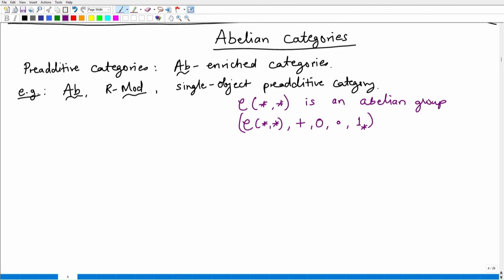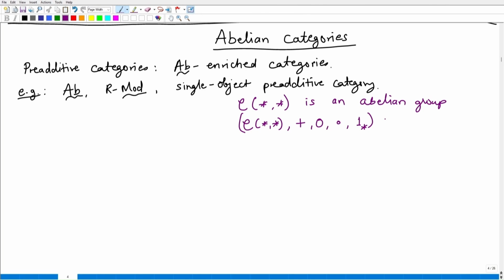Such that composition is bilinear, which means composition distributes over addition on both sides. So what is this a definition of? A ring. It's a unital ring, so basically this is the same as a ring with unity.